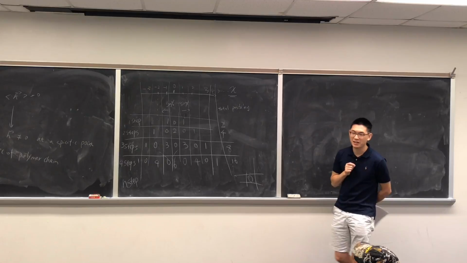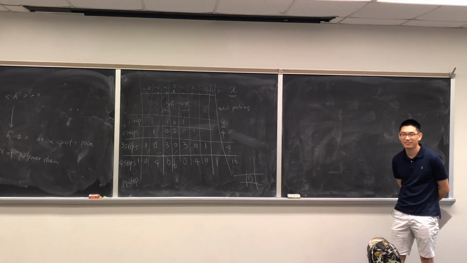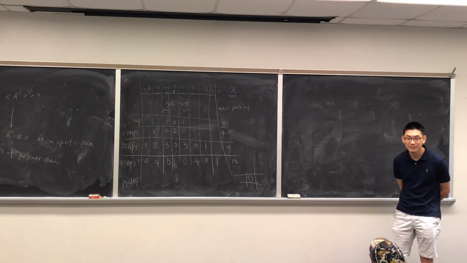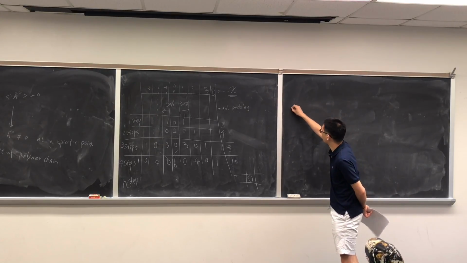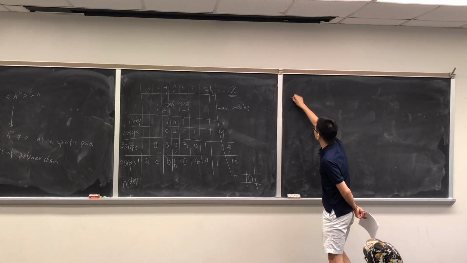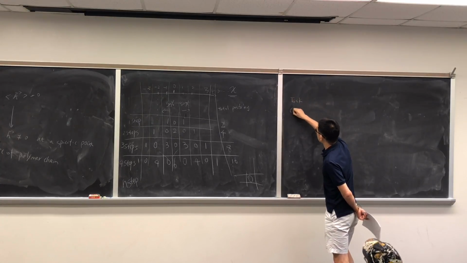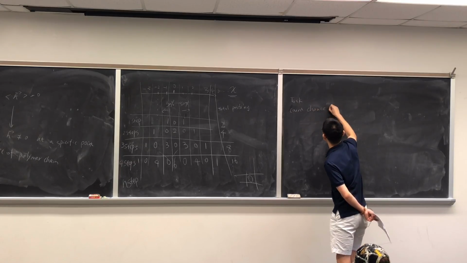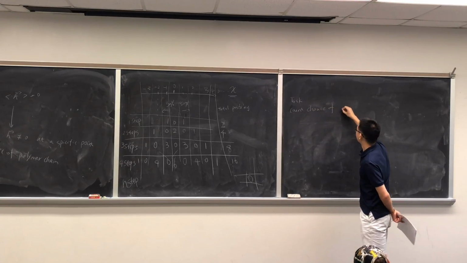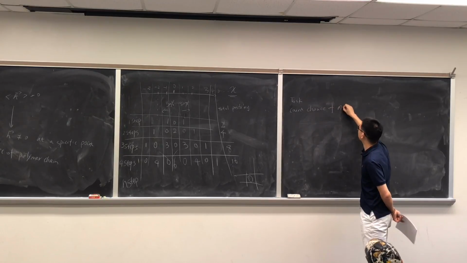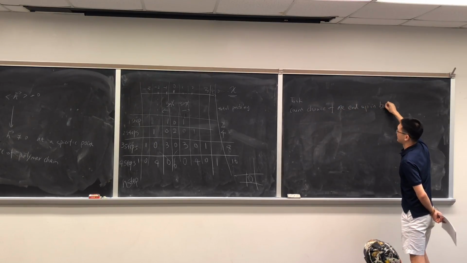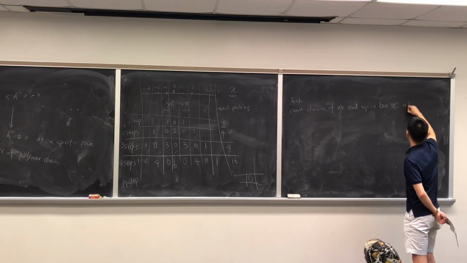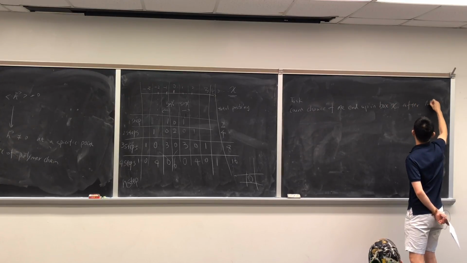Let's first count how many total possibilities there are. If you take n steps, it's 2 to the power of n, right? So all we need to do is just count the chances of me, let's call it, ending up in box X after n steps.